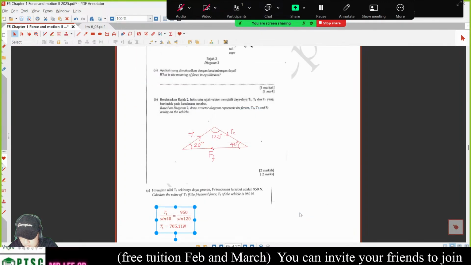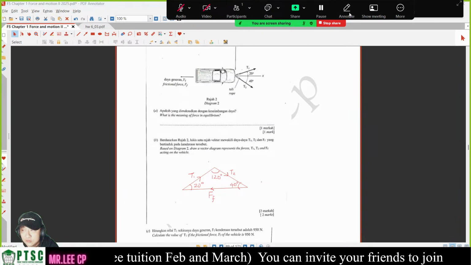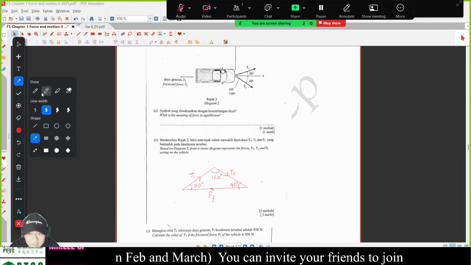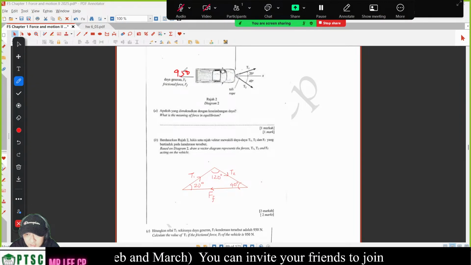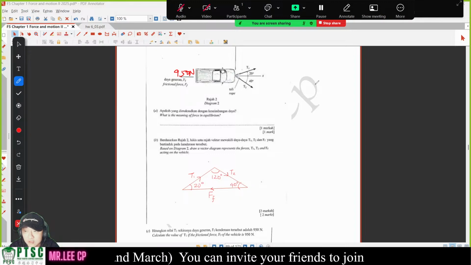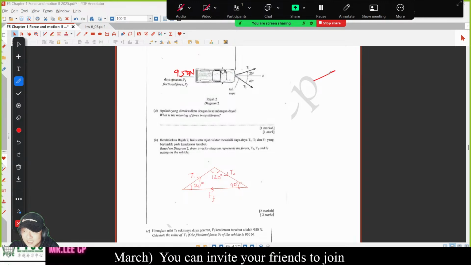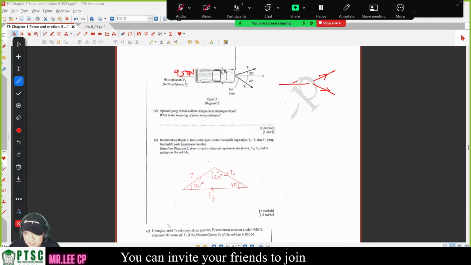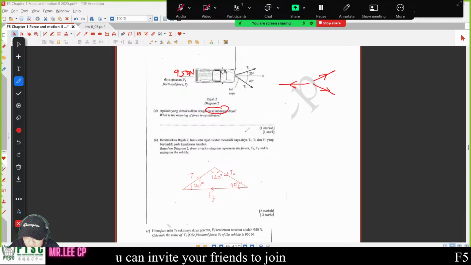Now, as I told you, I got another way for you. See how I do? This one is 950 Newton. T1 pulls this side, T2 pulls this side, equal to this one. This one is equilibrium.